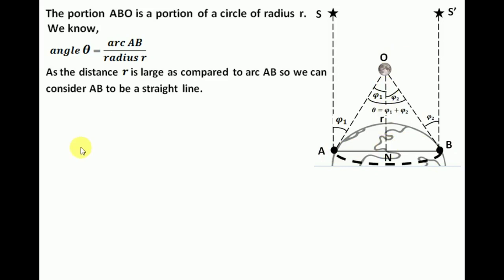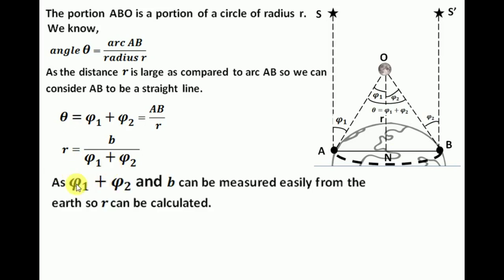So now we will put the values. Instead of theta I will write phi 1 plus phi 2, and AB is the distance or arc, and r is the distance of the moon. So you can find the value of r from here. So r is equal to b by theta, where the distance AB is the basis b, and theta is phi 1 plus phi 2.